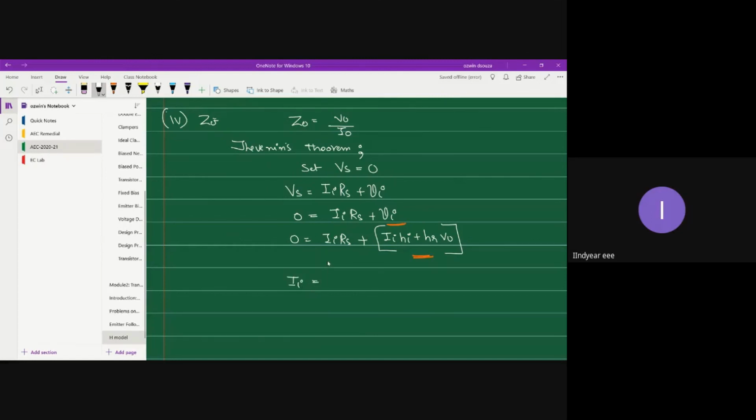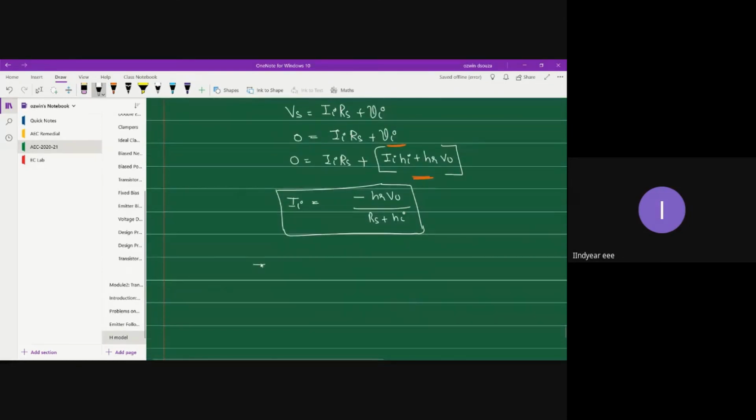So what is Ii? Ii is basically negative Hr V0 divided by Rs plus Hi. So that is my Ii, which I would be needing in the future substitution.